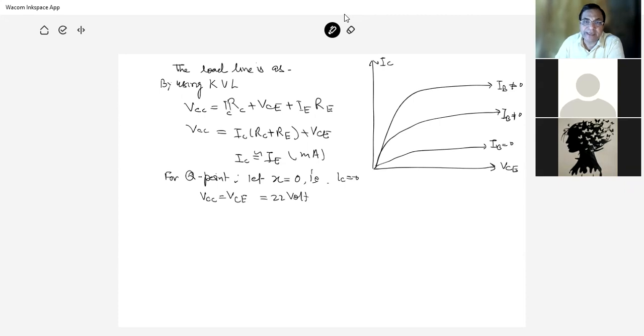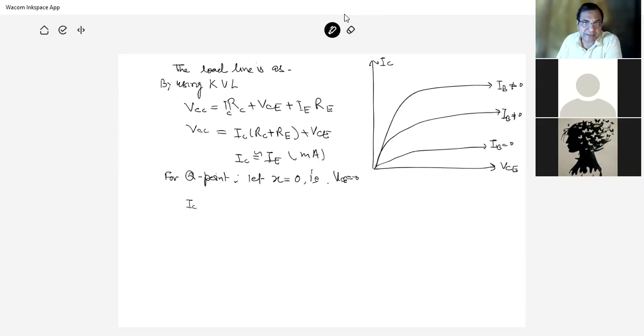So this coordinate, x is equal to 0, VCE is 22 volt.